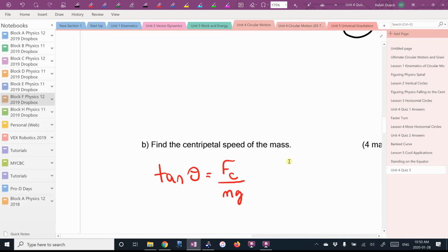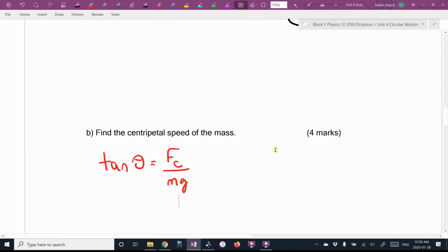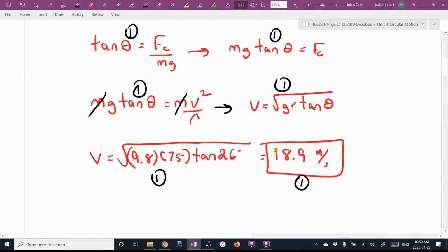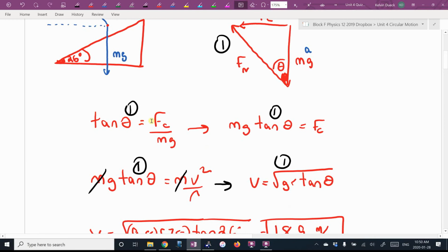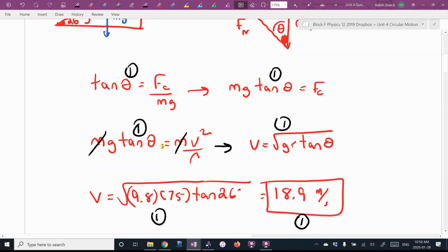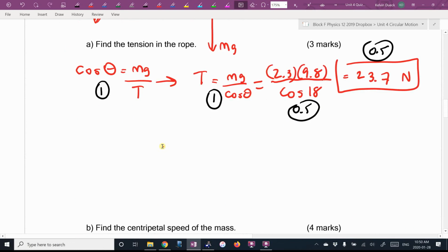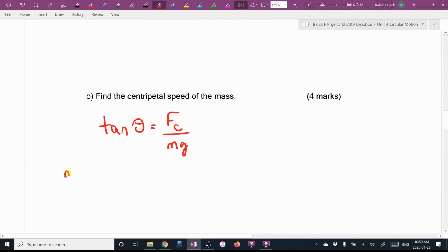And I want you to notice that if I look at the previous question, I also had tangent equals FC over mg. This is why I'm arguing this is really identical. In fact, now I'm going to do exactly the same thing. I'm going to go mg tan theta equals mv squared over r.